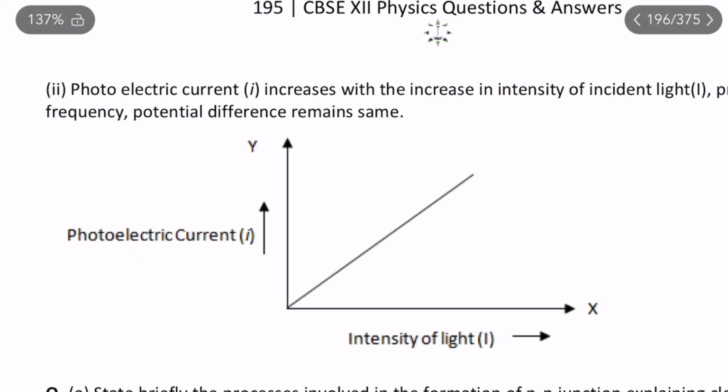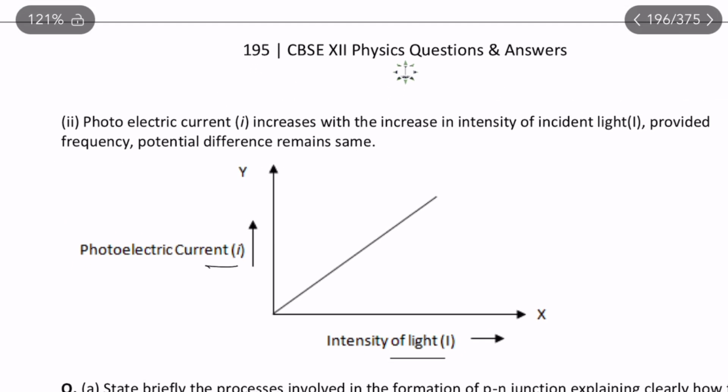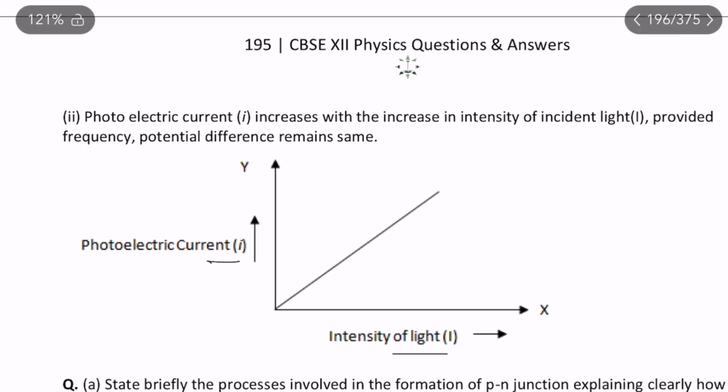Next, photoelectric current versus intensity of incident light. There is a condition in the photoelectric effect, as per quantum physics, that the incident light should meet a minimum threshold frequency. Only if that frequency is met will photoelectrons be emitted from the photosensitive metallic surface.